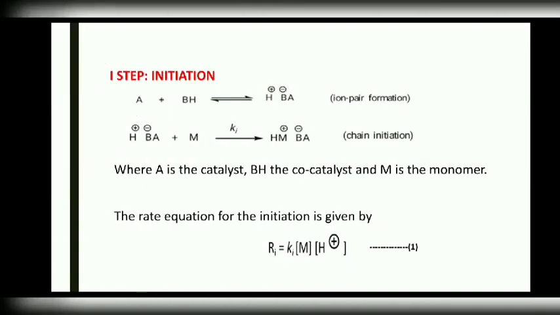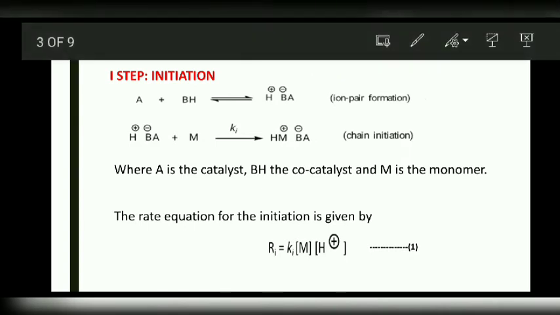The first step is initiation. What happens here in initiation? So, this A, that is the catalyst, reacts with BH, that is the co-catalyst. You know that catalyst means it is a Lewis acid, for example, BF3 or AlCl3, and the co-catalyst is water or methanol, right?